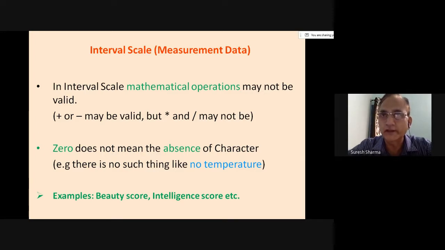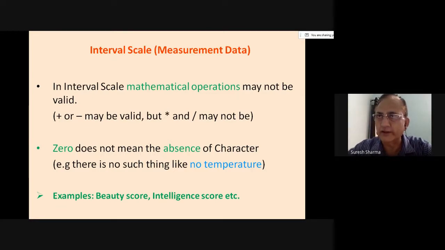Maybe on a particular day, his or her performance is not up to the mark. Next time he or she can score better, right? So 0 does not mean the absence of character. So examples of interval scale: beauty score, intelligence score, temperature, etc. They're all measured on interval scale.